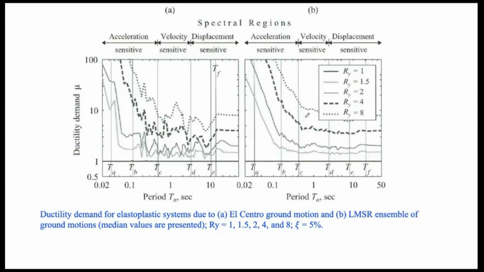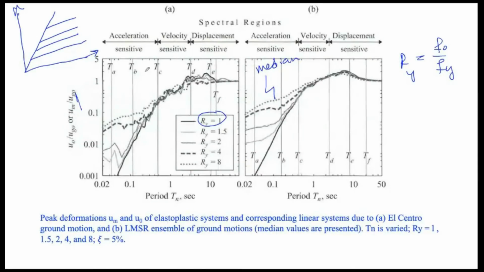So what you see from this plot, as well as this one, is that for a system with the vibration period in the acceleration sensitive region, for example, let's look at the Tc. When Tn is equal to Tc, you can see that the ratio, u0 by ug, for all these lines gets almost the same.